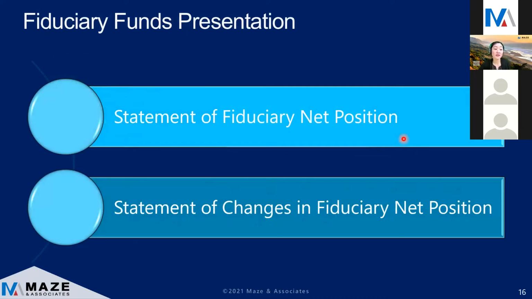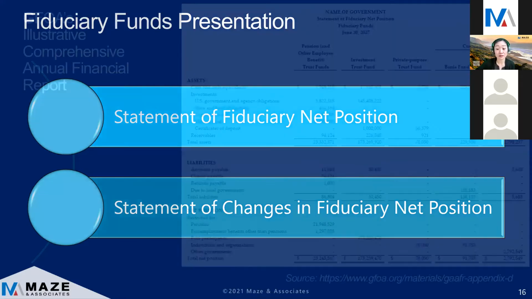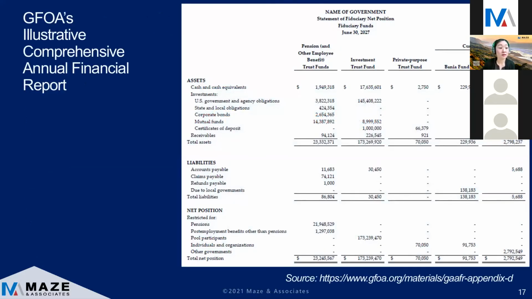Okay, so now we have a statement of fiduciary net position and a statement of changes in fiduciary net position, which a lot of you already have if you have, for example, a successor agency fund. So the difference here, if you see it, is that I copied this from the GFOA Illustrative Comprehensive Annual Financial Report, and there's a link here.